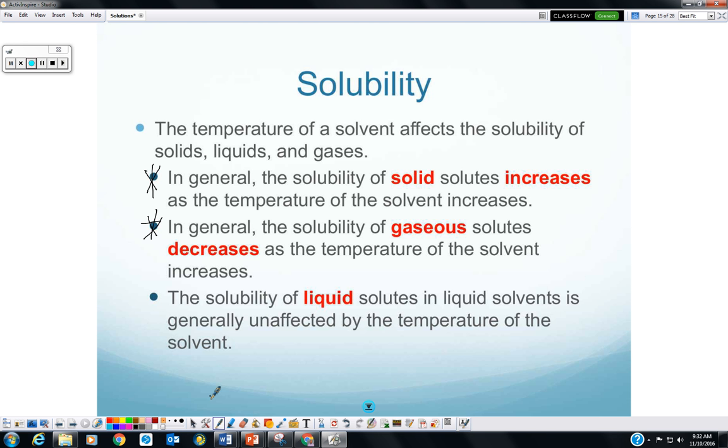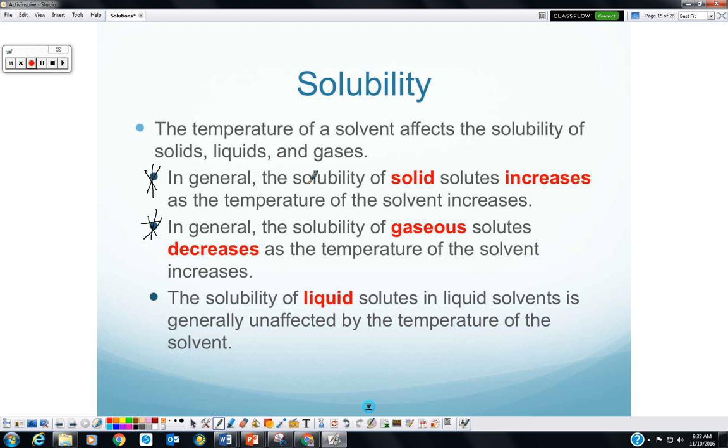The third statement, I'm not going to ask you this on a test, but the solubility of a liquid in a liquid is generally unaffected by temperature. So temperature does not change the ability of a liquid to dissolve in a liquid. However, temperature does affect the ability of a gas and a solid to dissolve.